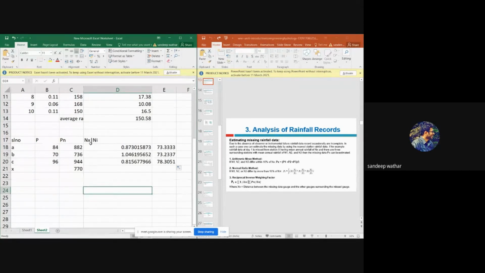So I have taken the ratio Nx by Ni, which means 770 is divided by each of these values, and they are written in their adjacent columns. Next, I multiplied this P value, this is P1, P2, and P3, by this ratio Nx by Ni, and I have written it in this column. Next thing is that I'll take the sum of all of those.